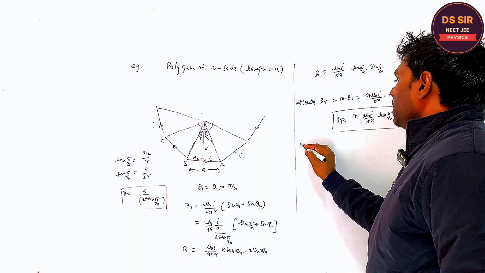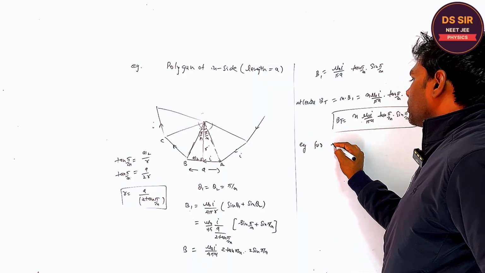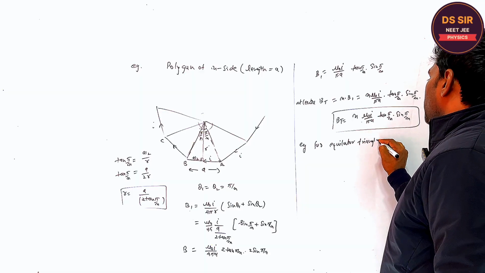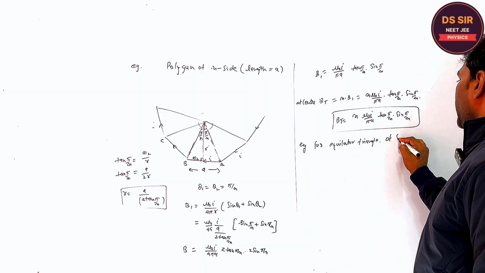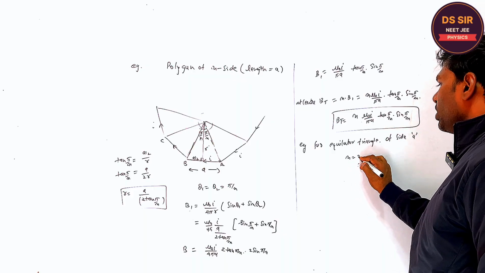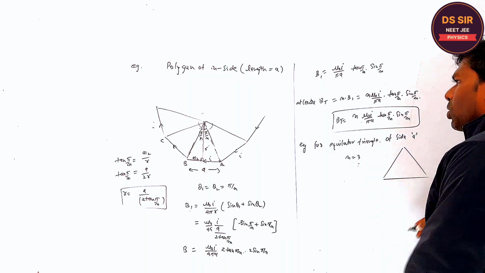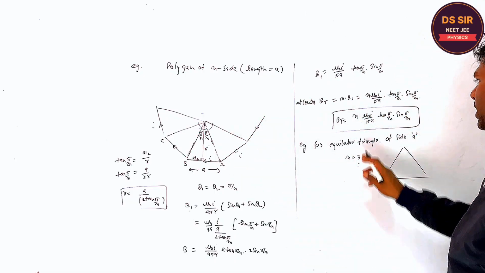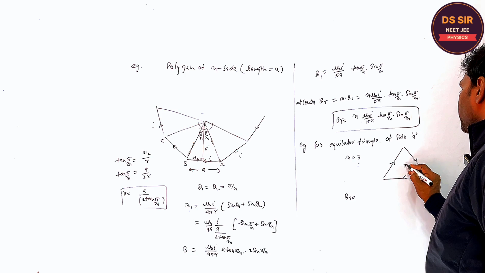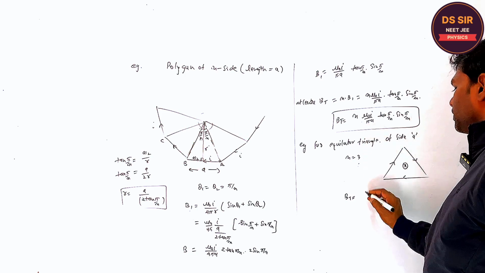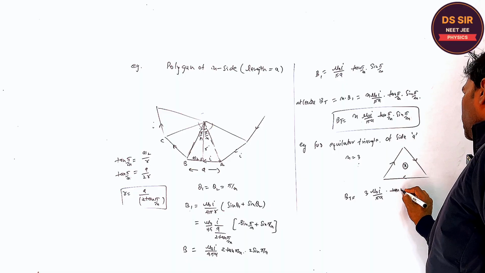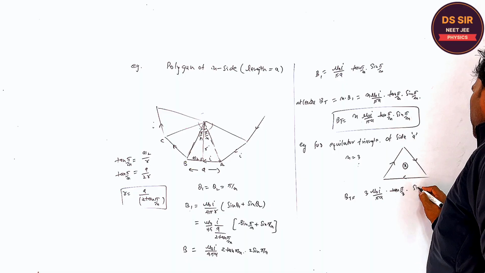Yes. For example, for an equilateral triangle of side length a, n will be equal to what? Say 3, because this formula is for every type of polygon. If n is equal to 3, the total magnetic field at the center, into the board, is 3 mu naught I upon pi a tan pi by 3 sine pi by 3.